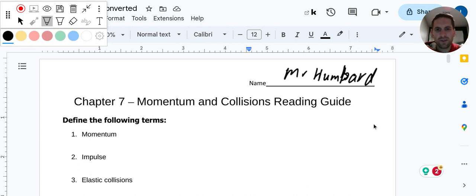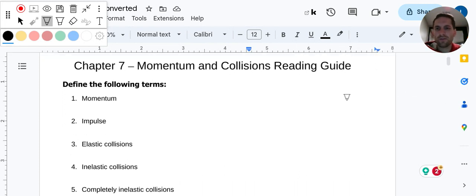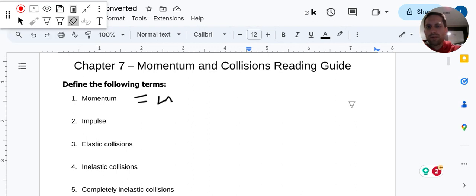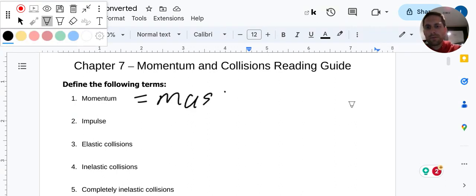So, let's get through these following terms. The first one is momentum. Momentum is mass moving with some velocity, or you can think of it as mass times a velocity.